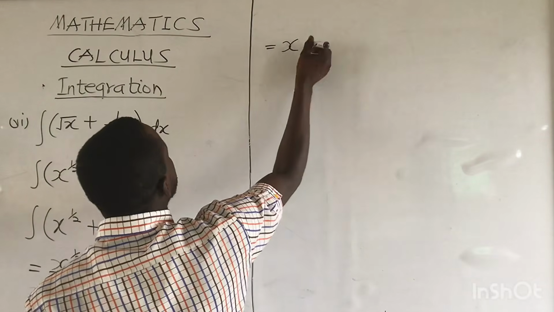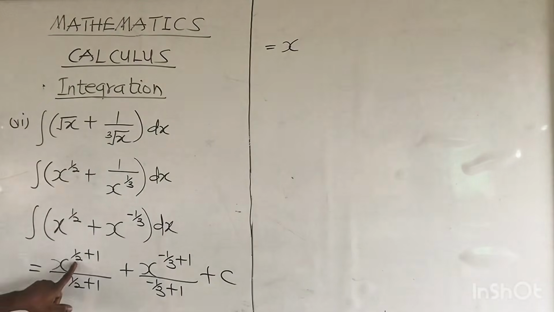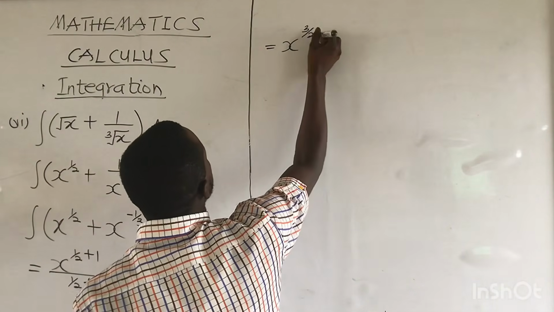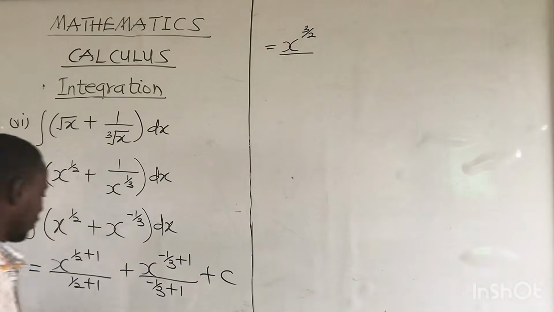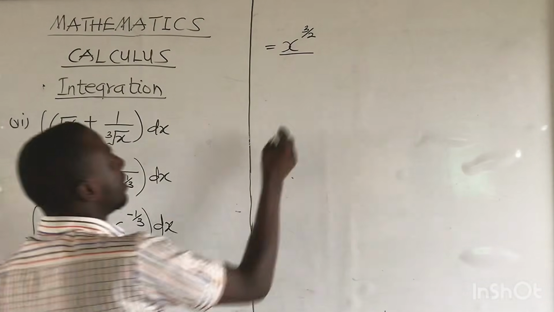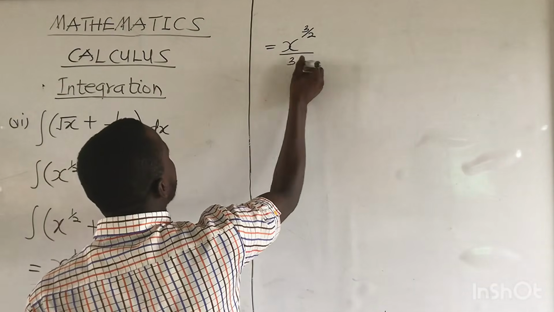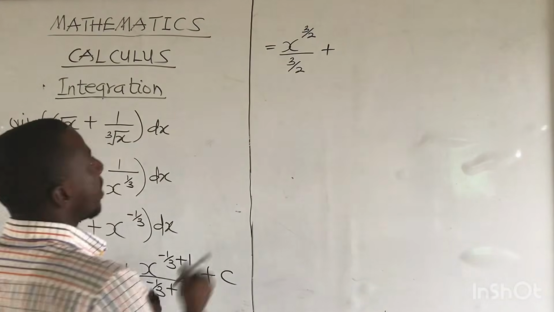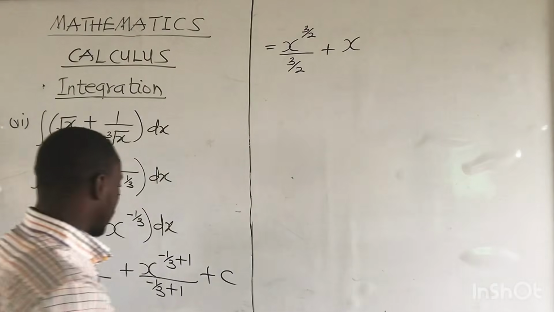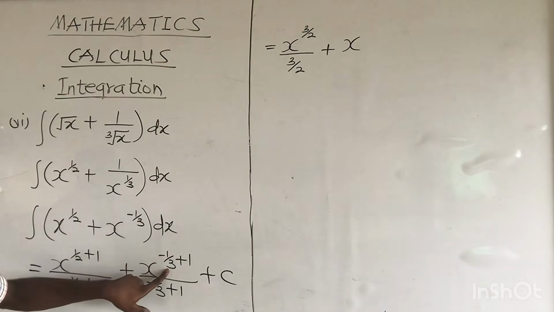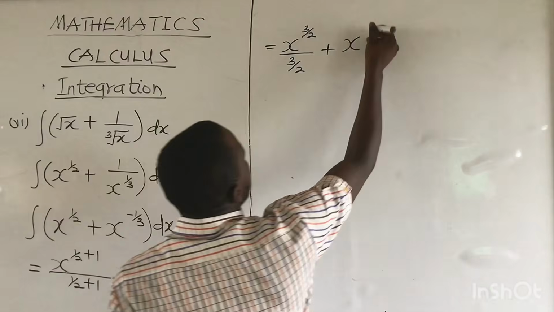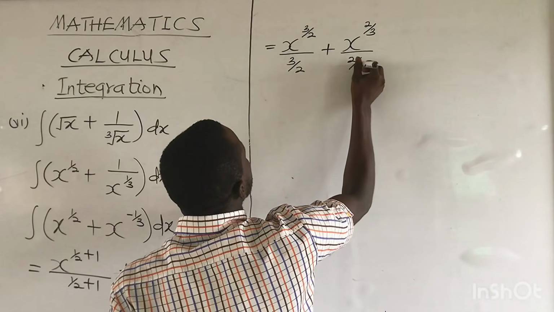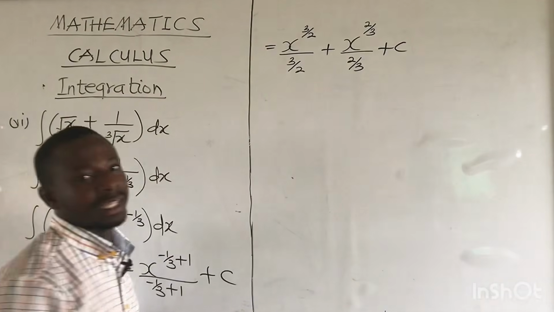So we have x exponent half plus 1, we are going to get 3 over 2, all over half plus 1, we still have 3 over 2, plus x exponent minus 1 over 3 plus 1, we have 2 over 3 all over the same 2 over 3, plus c.